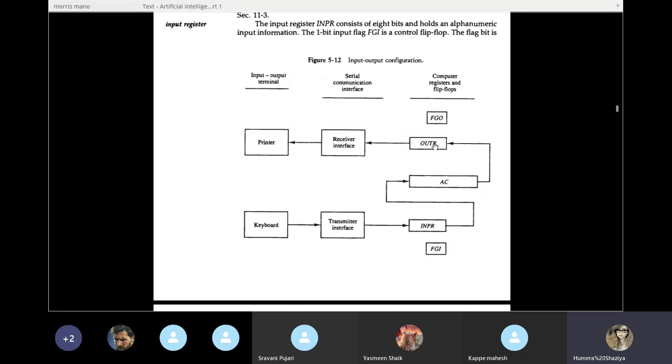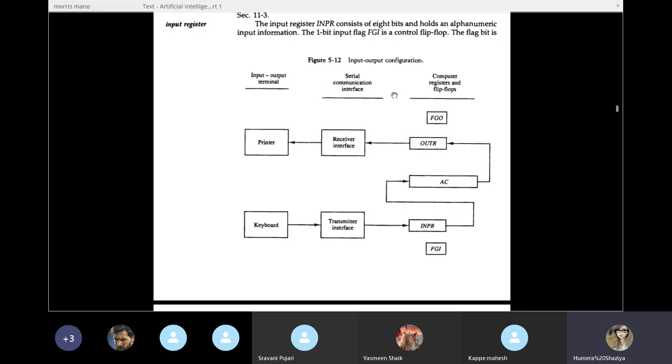Then what happens from this output register? It goes through the receiver interface. What is this interface? This one will connect the output device with the output register. So it goes through the interface to the printer or monitor or whatever output device it is.